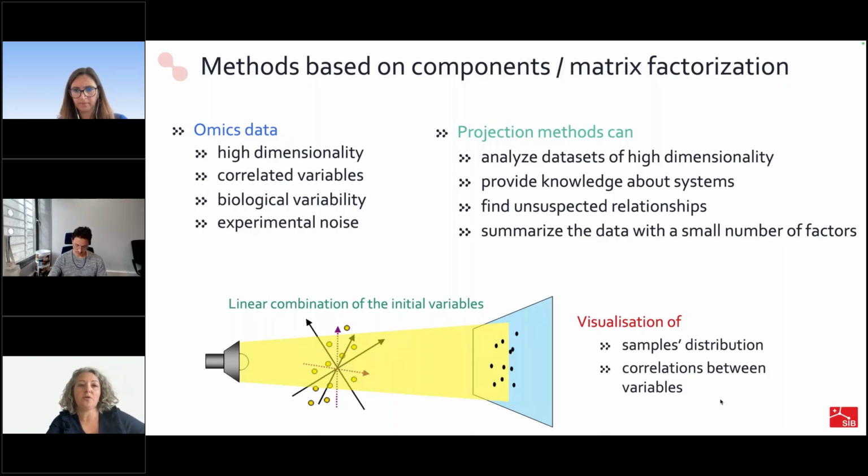With those projection methods, we can visualize the samples distribution. We can understand the relationship between the variables, and also how they behave in the different samples. So we can also find, for example, unsuspected relationships, and we can summarize the data with a small number of factors, which is really an advantage of this type of method.